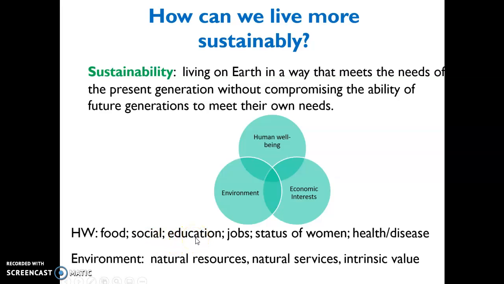The availability of education. In many countries, women can't be educated. In many countries, they do not have higher education. So the more education that is available to a population, the more both of these things happen. More money for the human, more economic interests met, and better treatment of the environment.